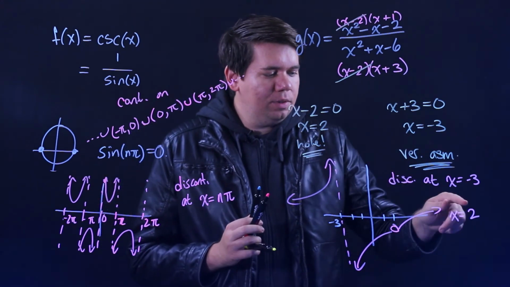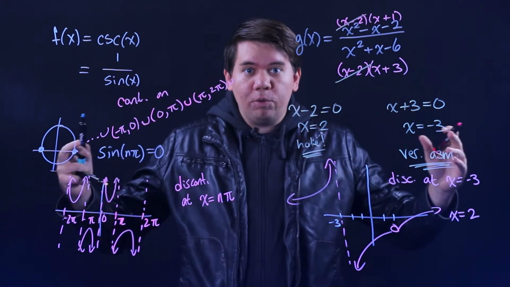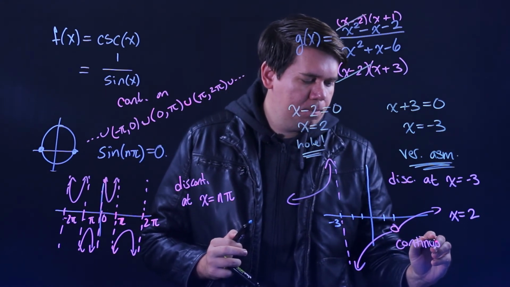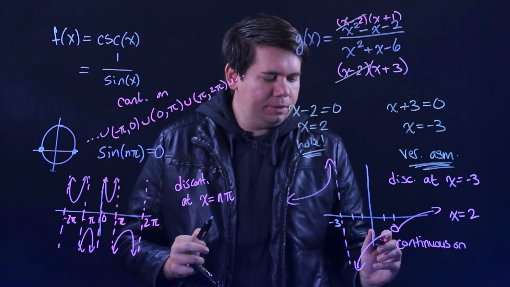Instead of saying it's discontinuous at those points, we could instead describe where it's continuous. We could say it's discontinuous everywhere else. And so we would instead say it's continuous on the interval, everything up until -3.